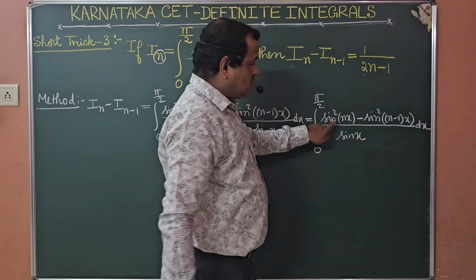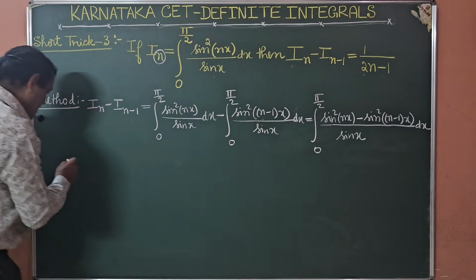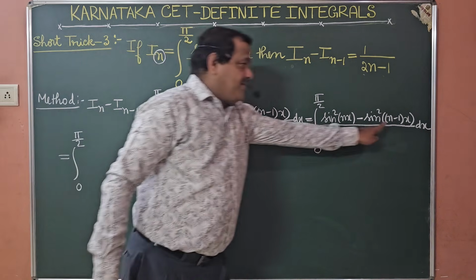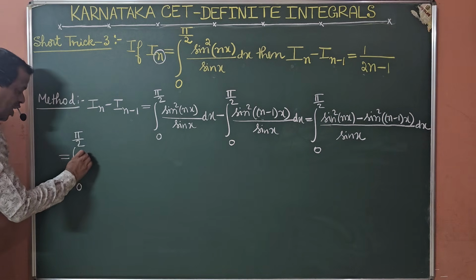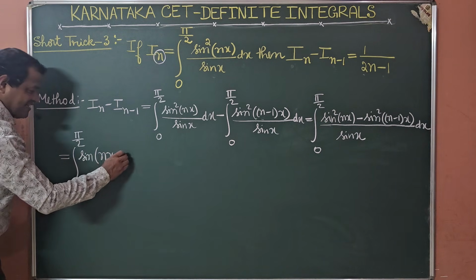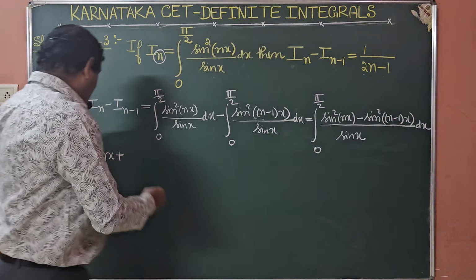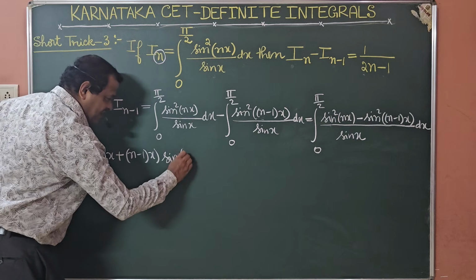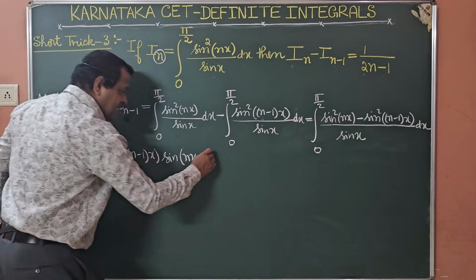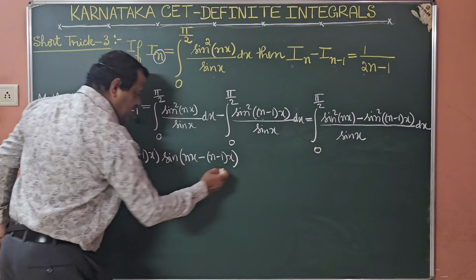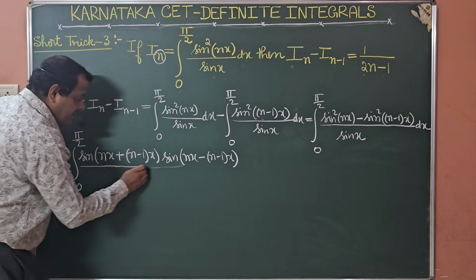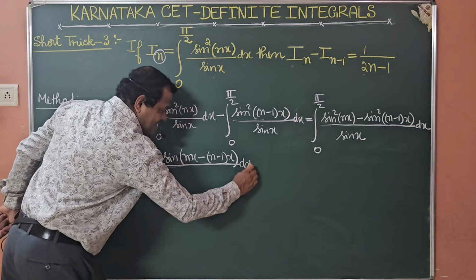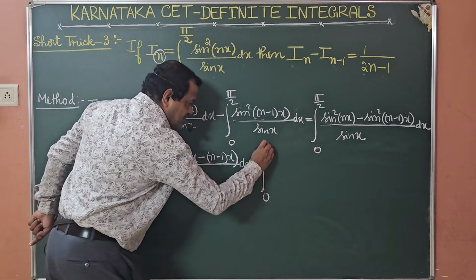And this numerator looks like the sine square a minus sine square b formula. So it's integration from 0 to pi by 2. Sine square a minus sine square b is sine of a plus b into sine of a minus b. A is nx plus b is n minus 1 into x, times sine of a minus b, which is nx minus n minus 1 into x, divided by sin x, dx.